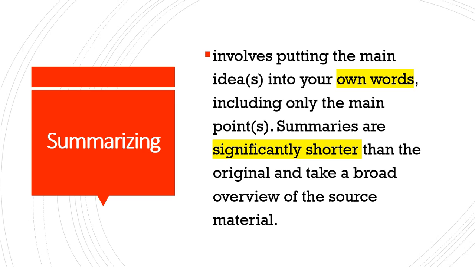But in summarizing, state the original text in your own words, but your output should be significantly shorter. A rule of thumb is that your summary should just be a quarter length of the original, or just one-fourth of the length of the original. I hope that's clear to you guys.